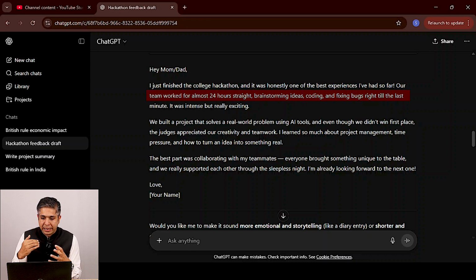You brainstormed the ideas, you coded, you fixed bugs, and very precisely, in minimal words which reflect your personality, you conveyed the experience of the same hackathon to your parents. What is to be noticed here is how your tone and emotional connect changes instantly. That's the power of the audience field in the prompt card.